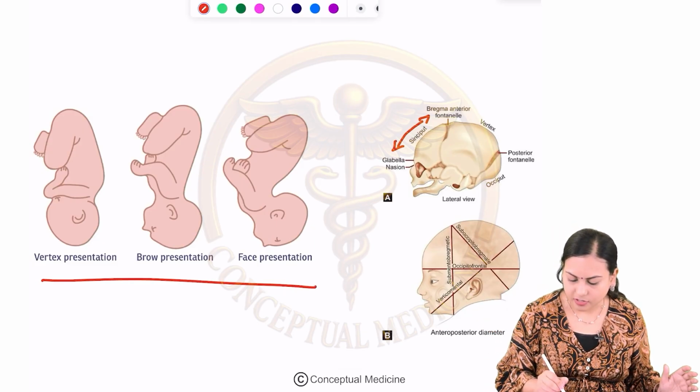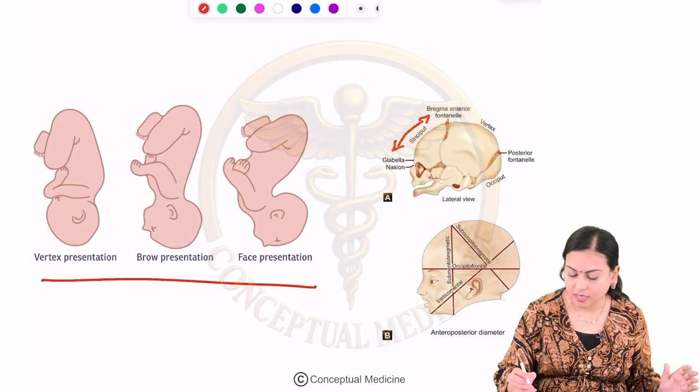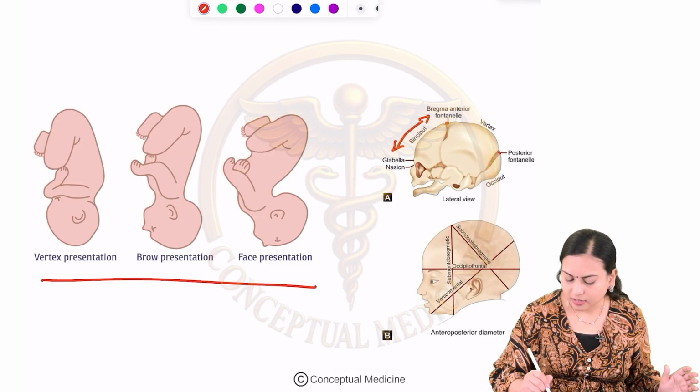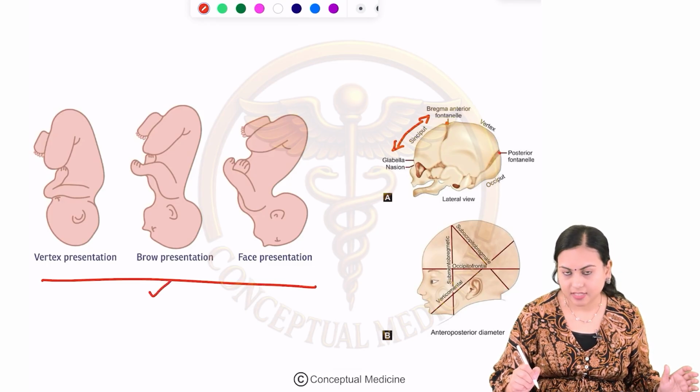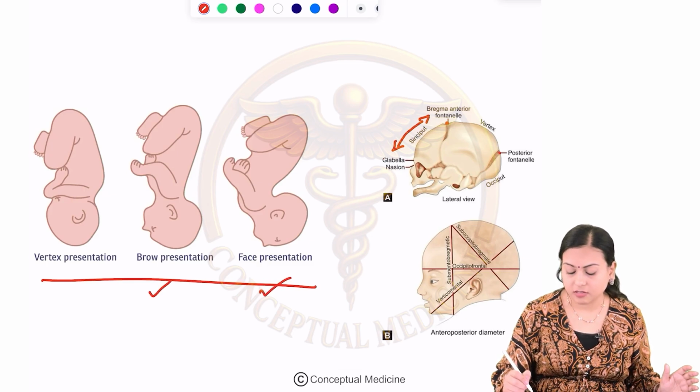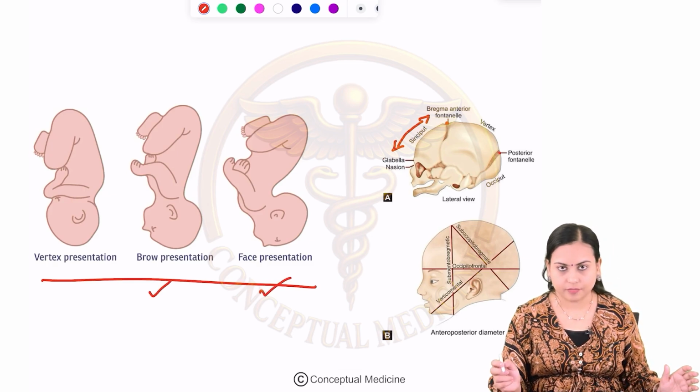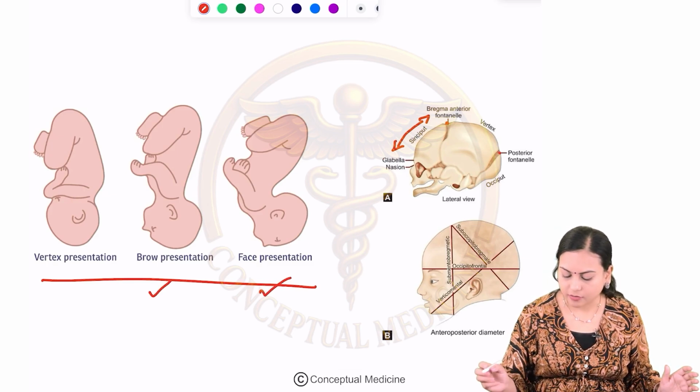In vertex presentations, it is going to be this space that is going to present, right? So, the baby is like this, okay? Whereas in brow presentation there is going to be incomplete extension, whereas in face presentation there is complete extension of the baby, right? So, that one you have to understand.